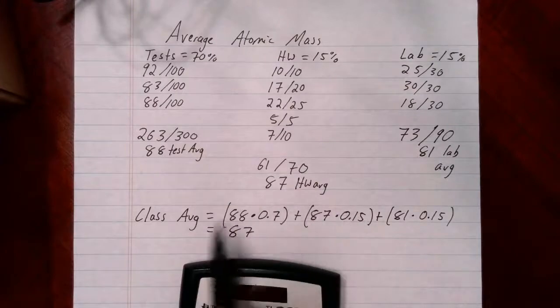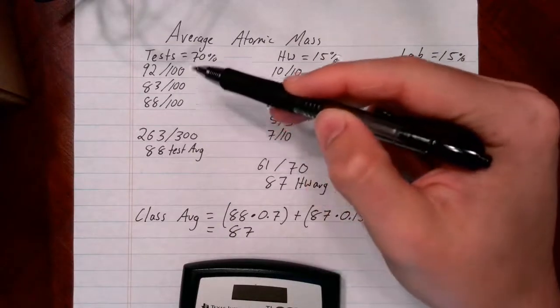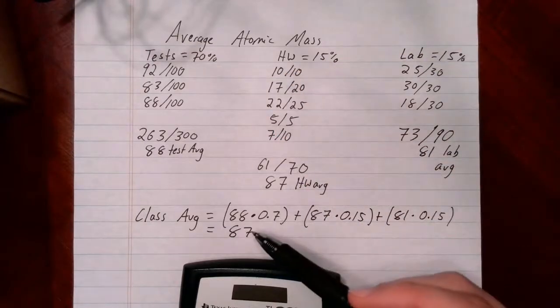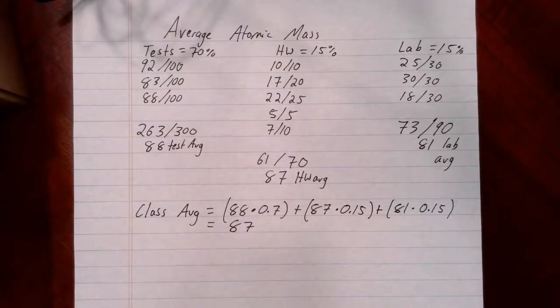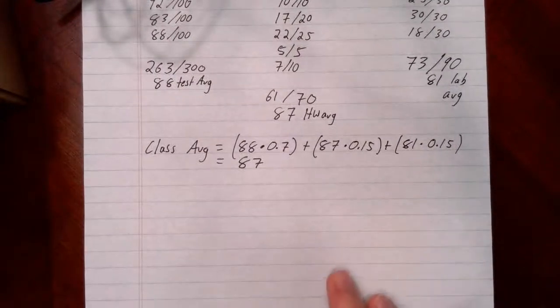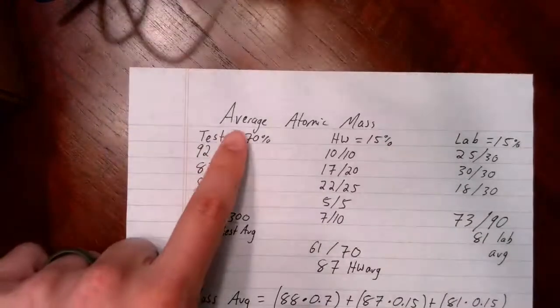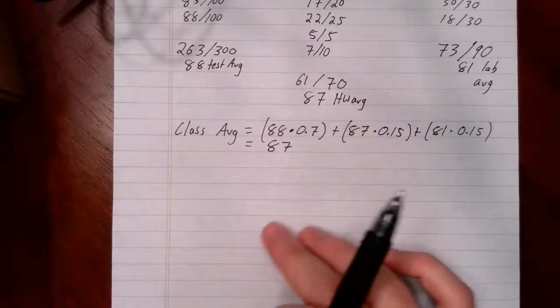But instead we calculated it with a weighted average, because we said the tests are more important. They mean more, so they carry more weight. Therefore, they should affect your final average more. So we use the same concept when we calculate average atomic mass. And we determine which categories are most important by which ones occur most commonly in nature.